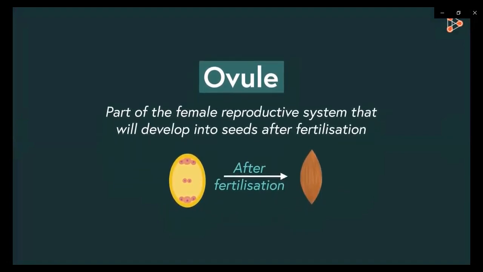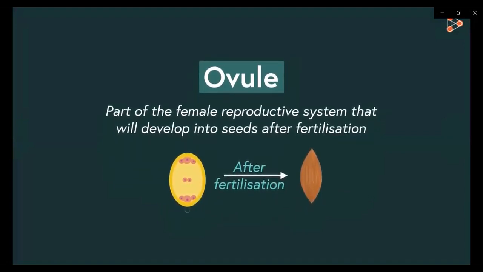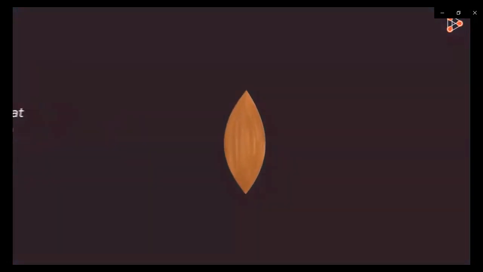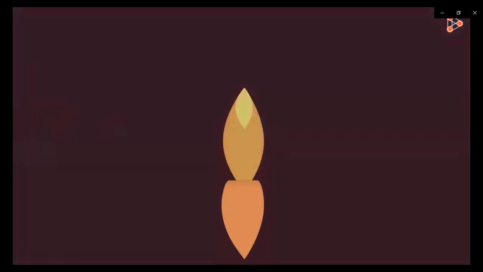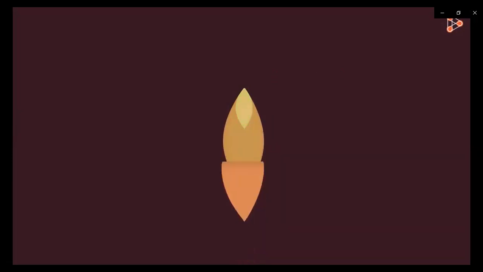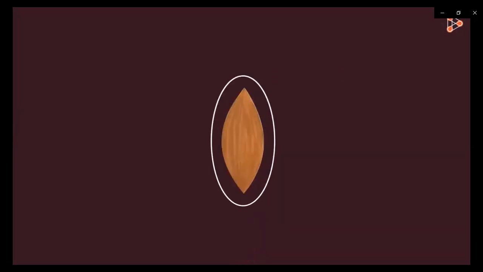This is all we need to know for now. We will get into the structure and functions of ovule in higher grades. So getting back, the ovule forms the seeds, which is nothing but a structure containing the embryo inside it. The baby plant. A baby plant that is yet to develop means it needs utmost protection. That is why we have the seed.